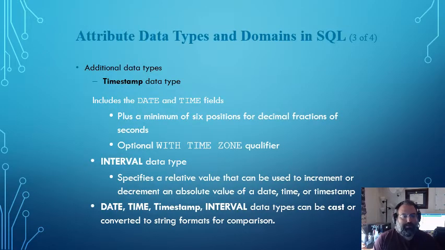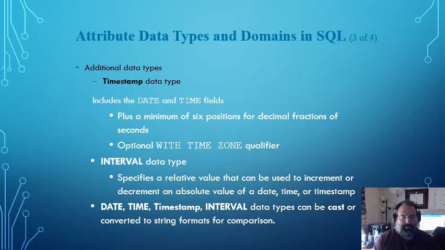There are also date and time fields. These include a minimum number of positions for decimal fractions of seconds, sometimes even greater than seconds. Also, typically, there's the concept of time zones associated with dates, or some variant of UTC type conversion. So it may either have an offset or it may be the way that the date is represented, but generally there's a way of handling global times.